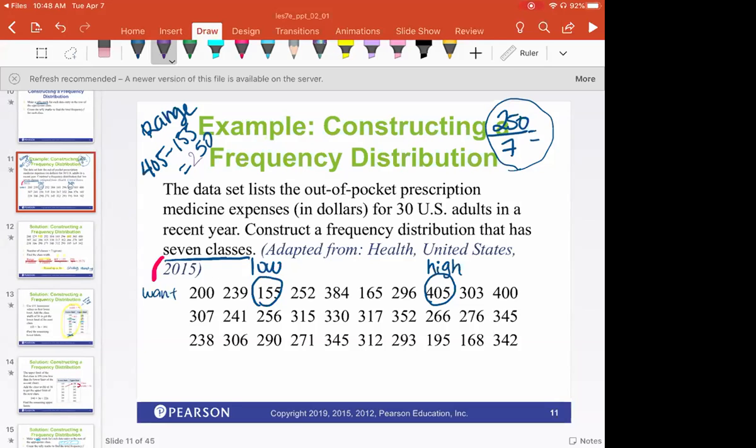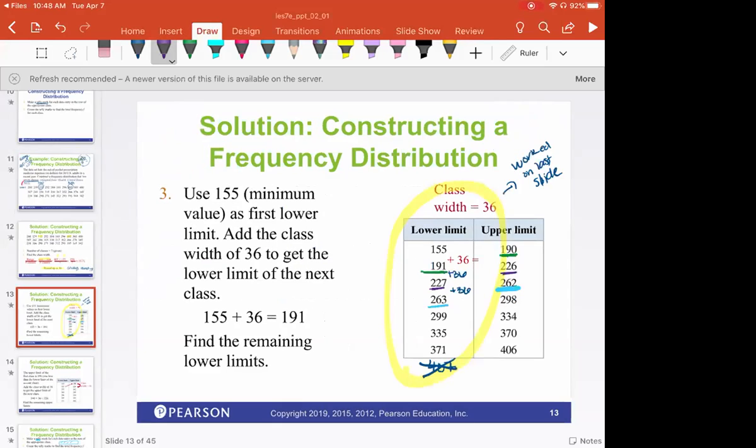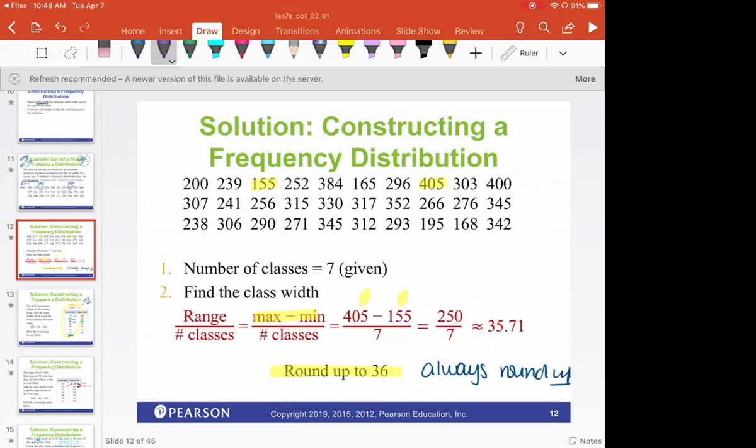Okay, we were able to do a relative frequency chart by finding our lower limits and our upper limits, given that they want us to work with 7 classes. So we took our maximum minus our minimum and we divided by the number of classes.